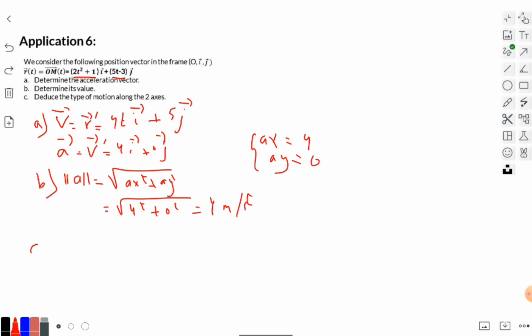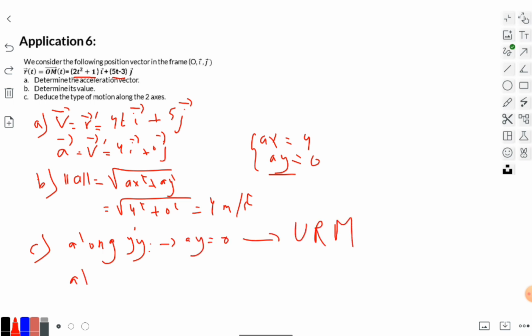Part C, deduce the type of motion along the two axes. Along y prime y, ay is equal to 0. So it's URM, uniform rectilinear motion. Along the x-axis, x prime x, ax is equal to 4, so it's UARM, since a is positive.